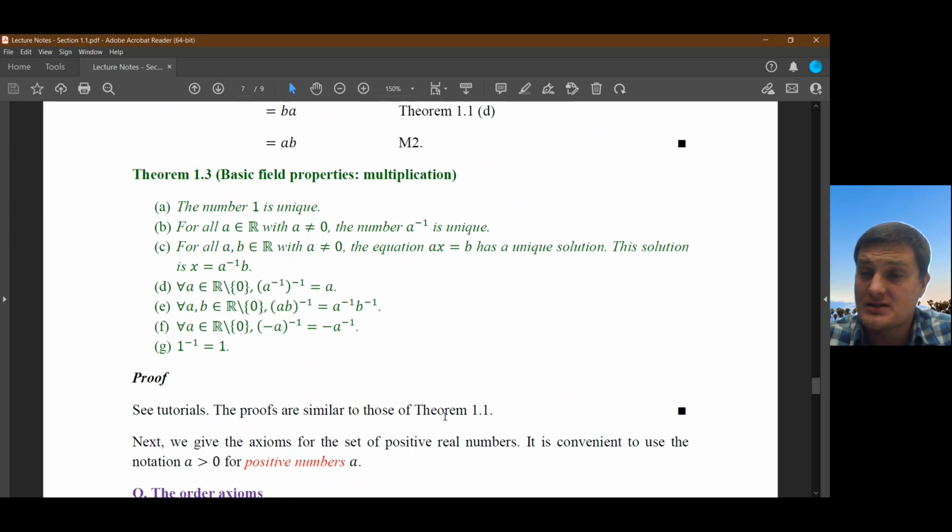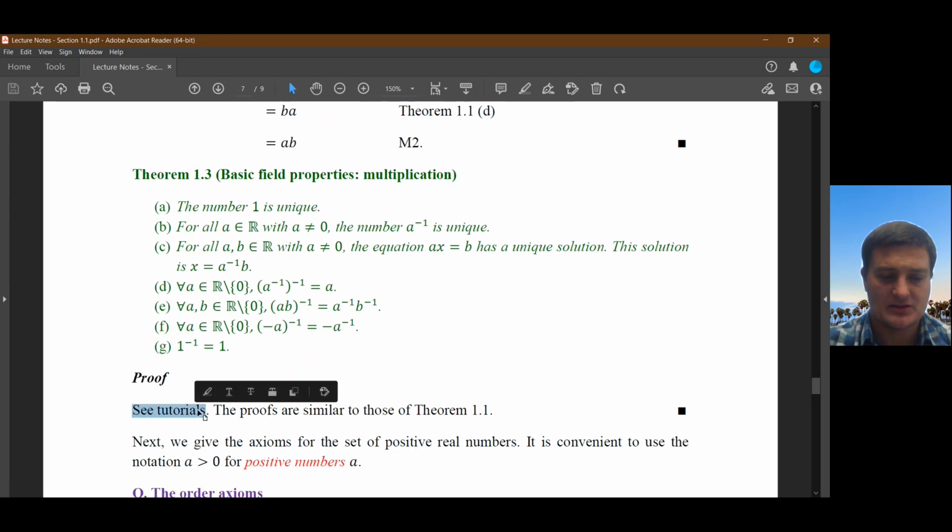Theorem 1.1 focuses on the addition properties, which is then proved using the axioms of addition. With theorem 1.3, we make use of multiplication. So when you do the proof of these statements, you will need to make use of the axioms of multiplication. We left the whole proof as a tutorial exercise, so please do try proving these statements by yourself.